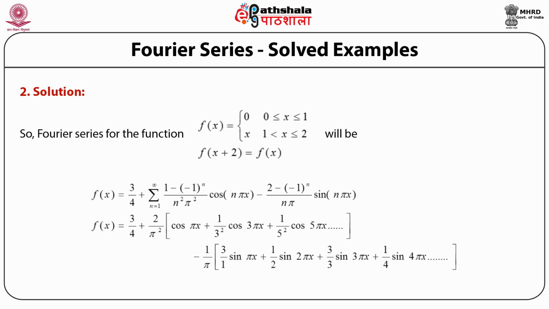So the entire solution is f of x equal to 3 over 4, plus 2 by pi squared times (cos pi x plus 1 by 3 squared cos 3 pi x plus 1 by 5 squared cos 5 pi x), minus 1 by pi times (3 over 1 sin pi x plus 1 by 2 sin 2 pi x), and so on.